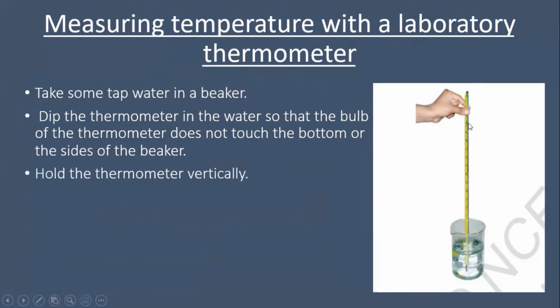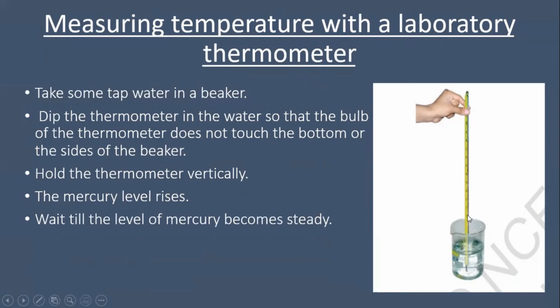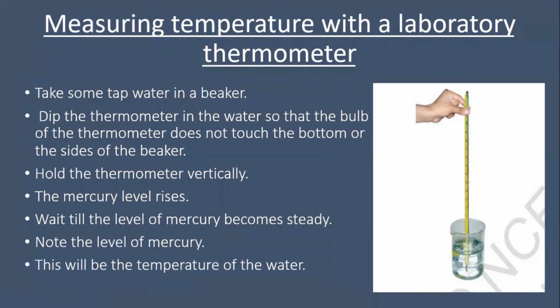Hold the thermometer vertically. The mercury level rises. Wait till the level of mercury becomes steady. Note the level of mercury. This will be the temperature of the water.